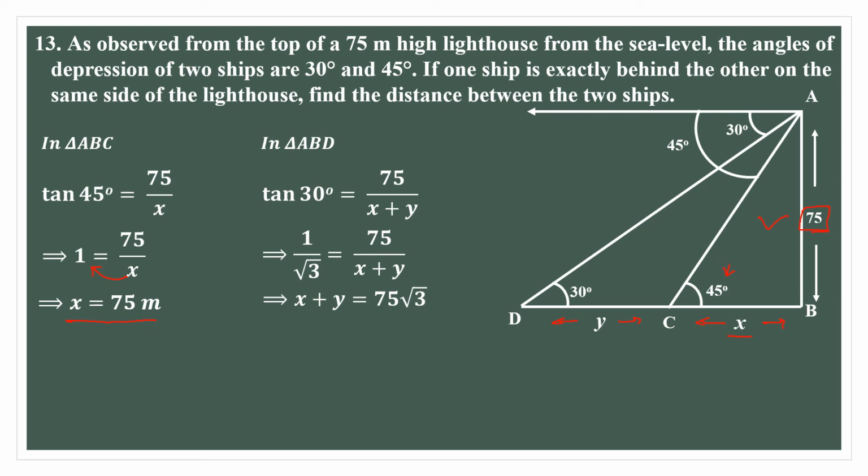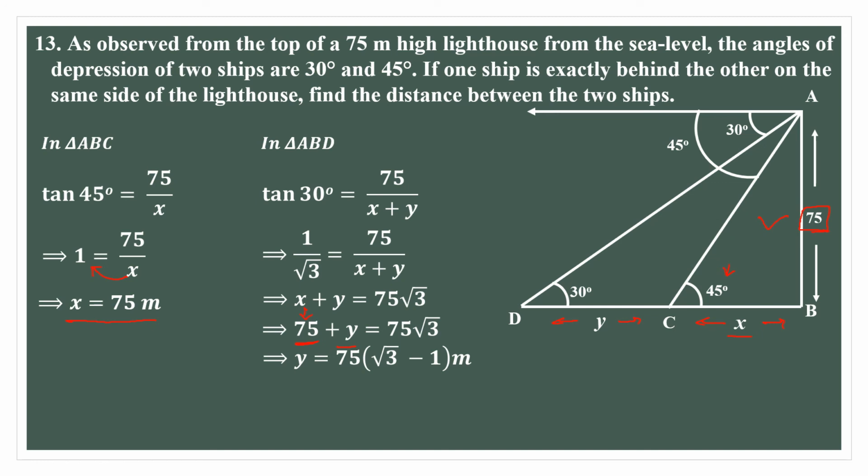Now you can put the value of X over here to get the value of Y. So it is this. X is 75, so placed over here, rest of the things as it is. We need to find Y, so we will shift this 75 to the right hand side and take 75 common. We will get Y is equal to root 3 minus 1 times 75 meter. So the distance between two ships is 75 multiplied by root 3 minus 1 meter.